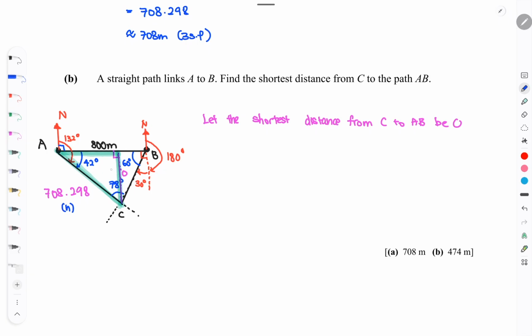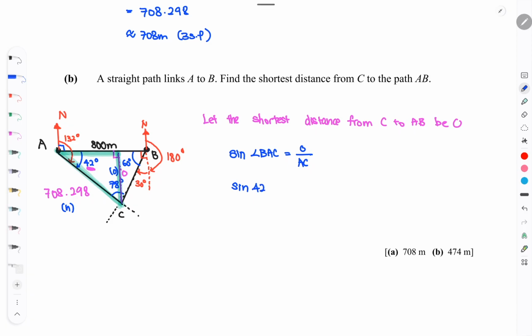Over here will be my letter O. So I can use my SOH CAH TOA. I have O and H, I use sine. So sine angle BAC, and BAC is my 42 degrees, equals O over my hypotenuse. So in this case, it will be AC. Let me substitute everything inside.